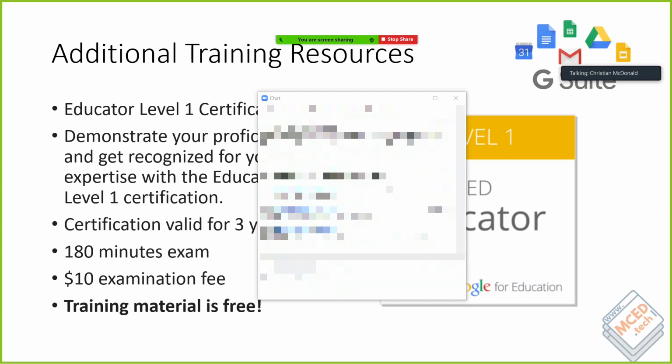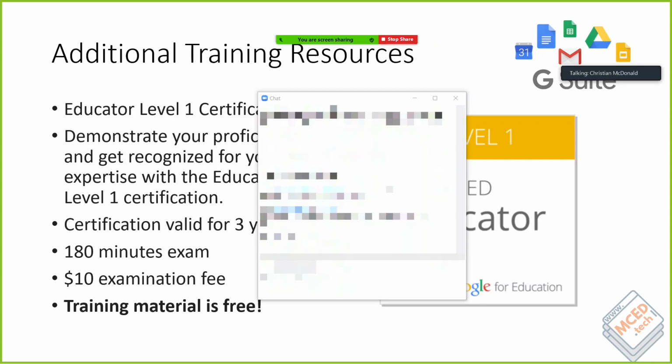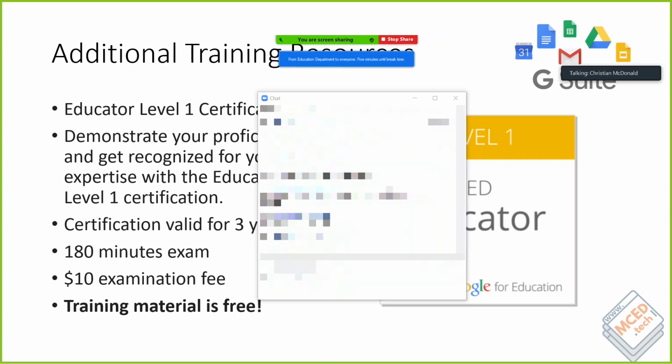It honestly depends a lot on how familiar you are with the Google platform at the onset. If you are already using it, you can skip through it very, very quickly. I did the GoGuardian stuff about a year ago, and I went through the training material probably in an hour or two and took the exam, and it was very, very quick.